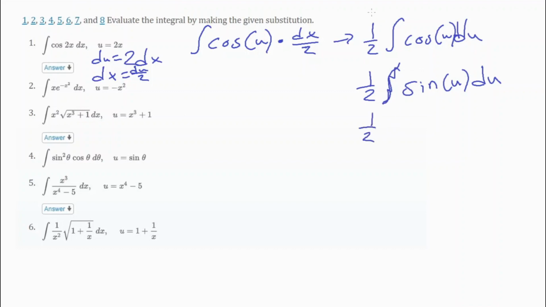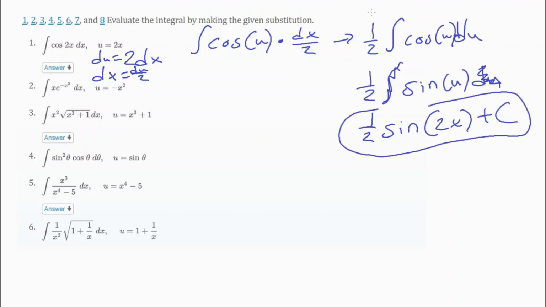And we could remove the integral because we already found the antiderivative. So we're going to have 1 half sine 2x. And usually, if it doesn't tell you to put plus c in an equation, you don't have to put plus c, you just find the antiderivative. But for this scenario, we could put plus c.